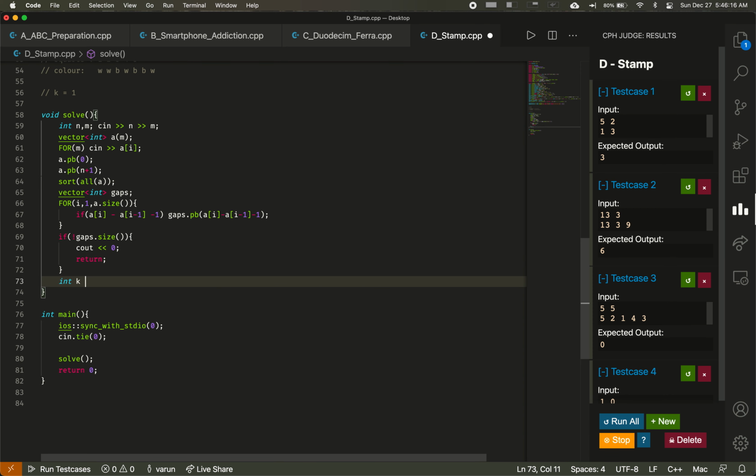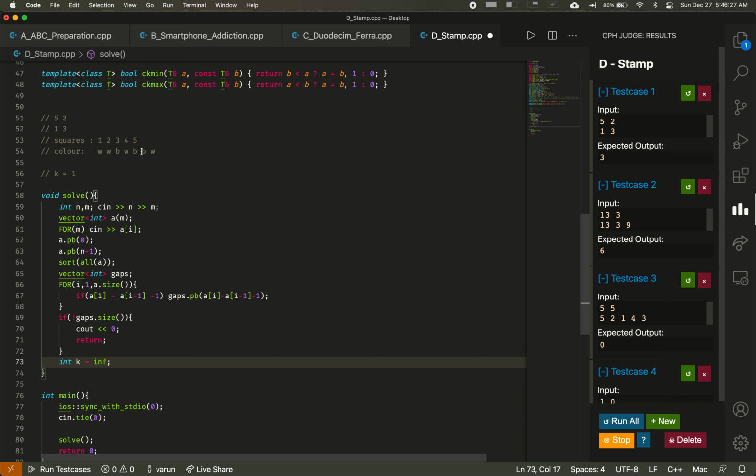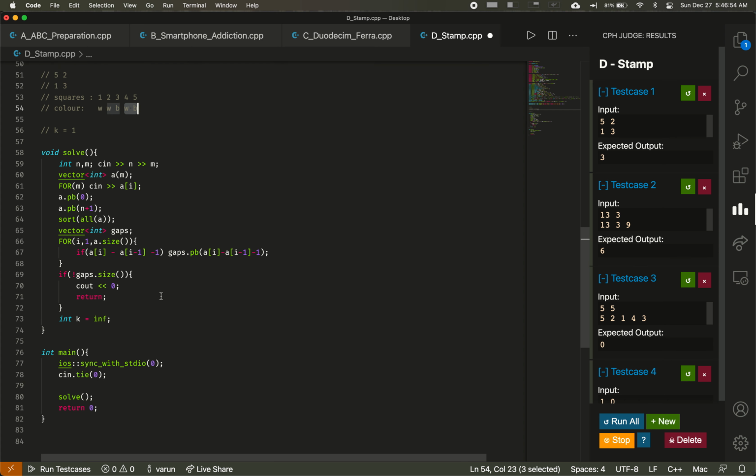Otherwise, we have to find the right value of k. And the right value of k is the size of the smallest gap, right? Because in this example that we had at the very start, if k is 1, we can cover this one and this one. But if k is 2, we can cover this first gap, but not this gap because it overlaps with the blue square. So the way to find the best value of k is to find the size of the smallest gap that isn't 0, right?